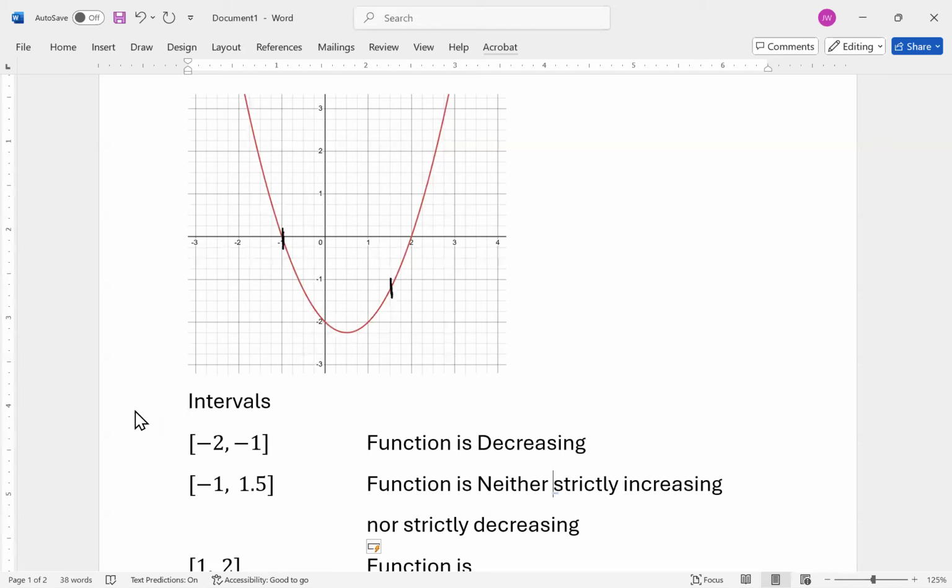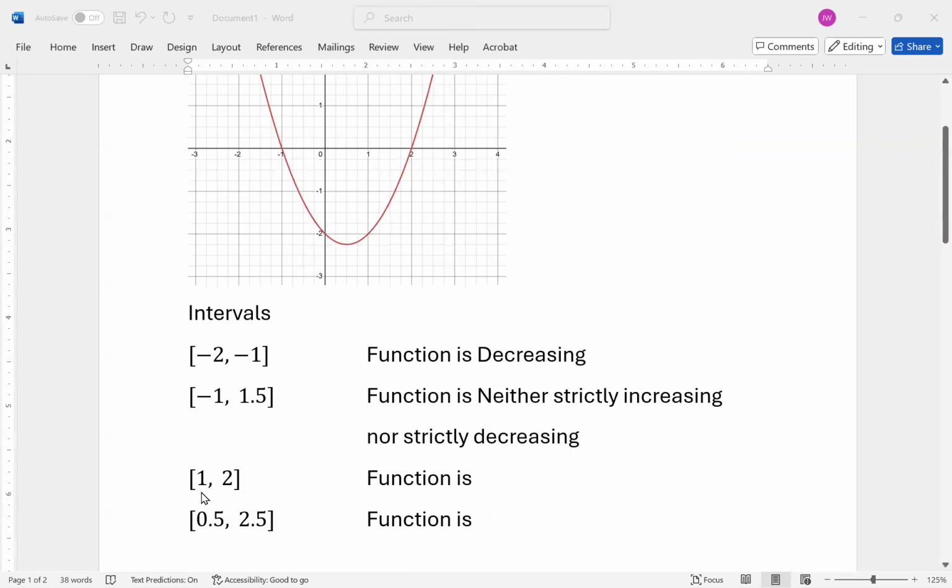Now the next section that we're asked to look at is from 1 to 2, and then from 0.5 to 2.5. Let's take a look at the section from x value of 1 to x value of 2.